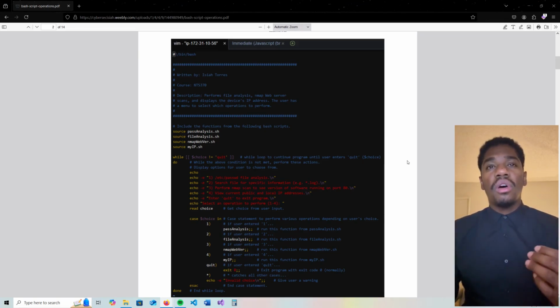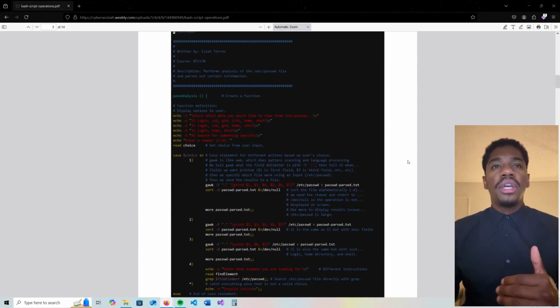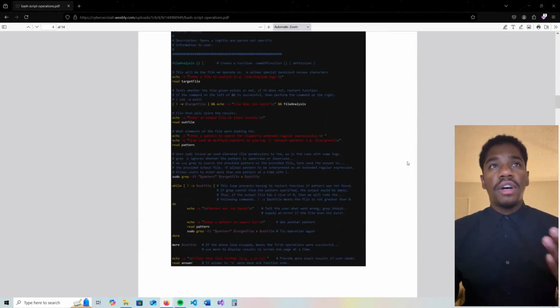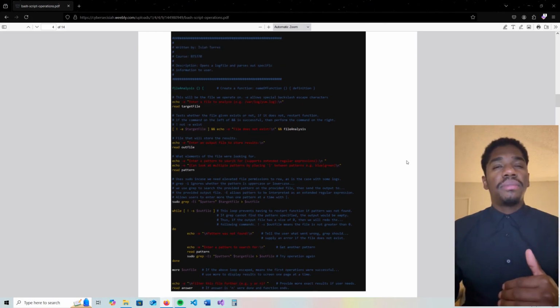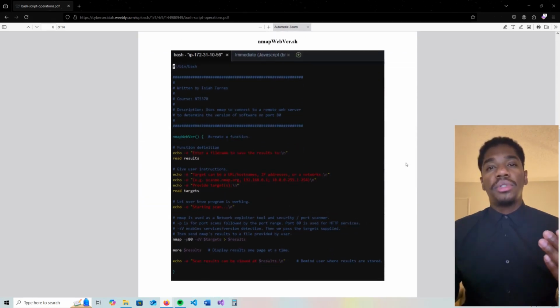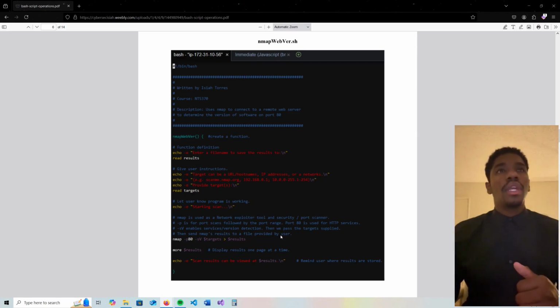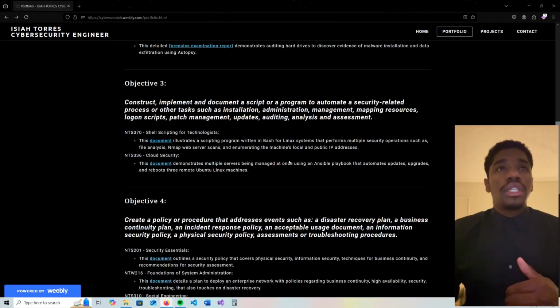So all in one bash script, including the ability to search for patterns in the files. And also being able to save the results wherever the user would like. So that directly relates to constructing scripts and programs.